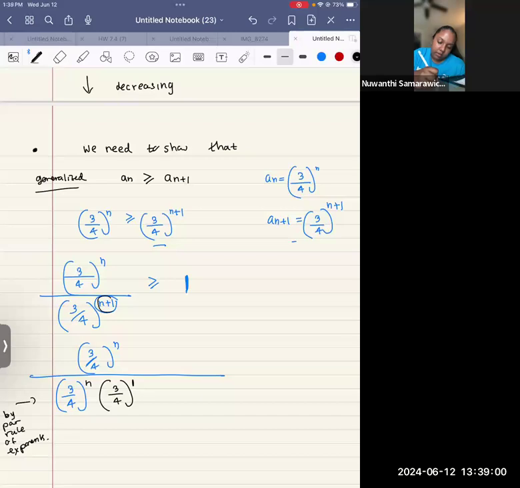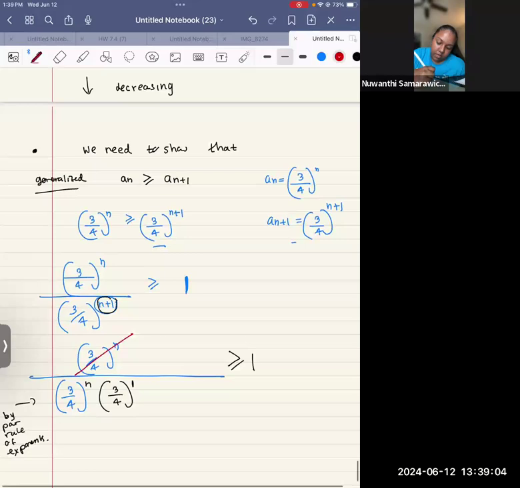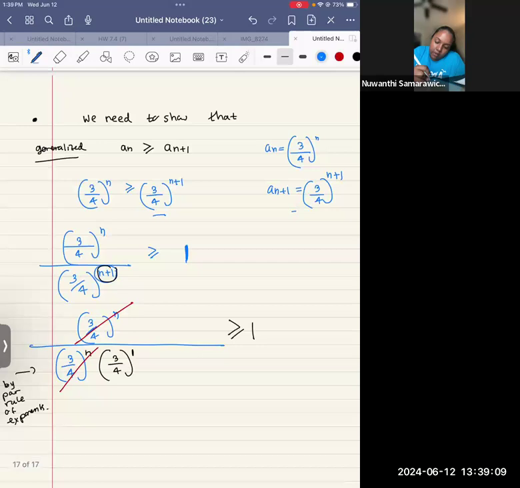So you get this one. Now you will see this is same, right? So you get cancel. Okay, so now you have 1 divided by 3 over 4 greater than 1.